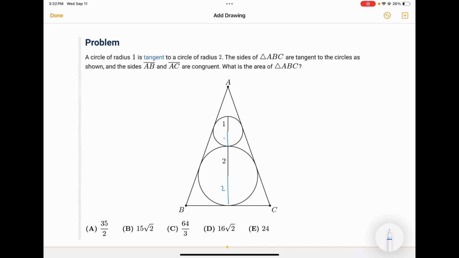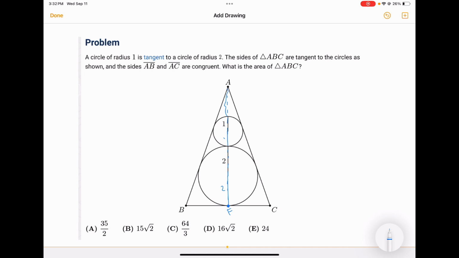The base would be BC, and the height would be this line right here. It runs all the way down, and I'm just going to call this point F for now. Right now we don't know what BC is, and we also don't know how long this segment is.